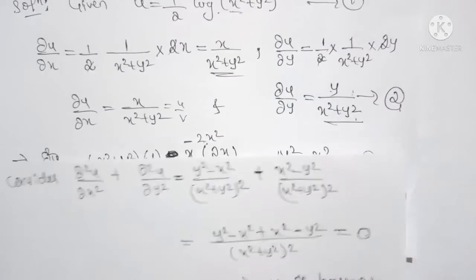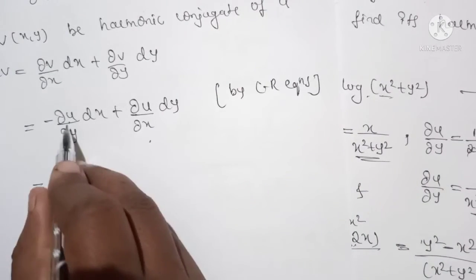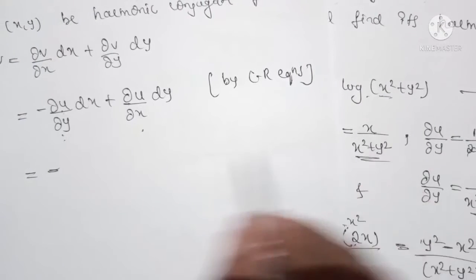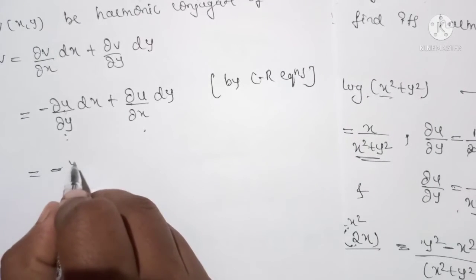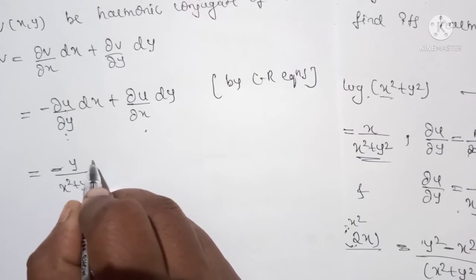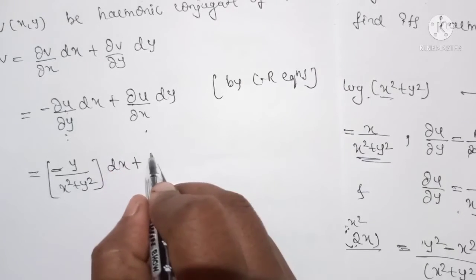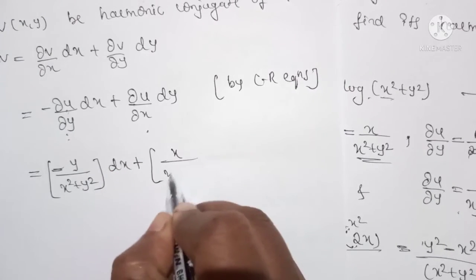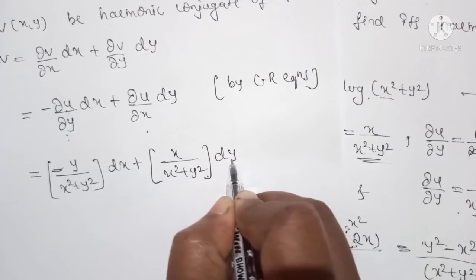We get minus dou u by dou y, so minus y by x square plus y square into dx plus dou u by dou x, which is x by x square plus y square into dy.